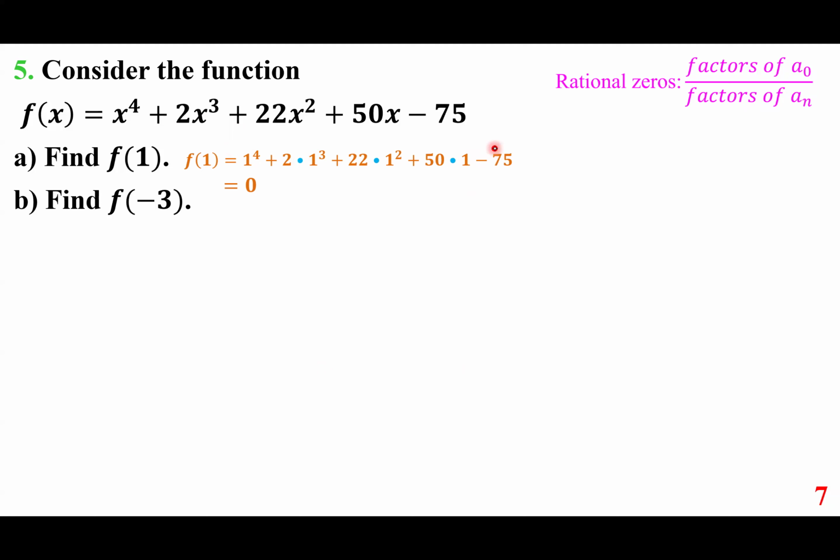They add up to 0. F of negative 3, I leave it for you to evaluate and verify that is also 0, everybody. If you plug in negative 3, you get 0. So f of 1 is 0. So is f of negative 3.